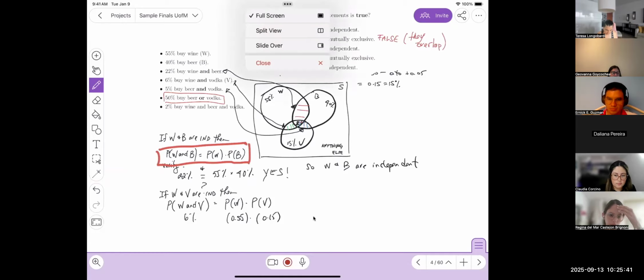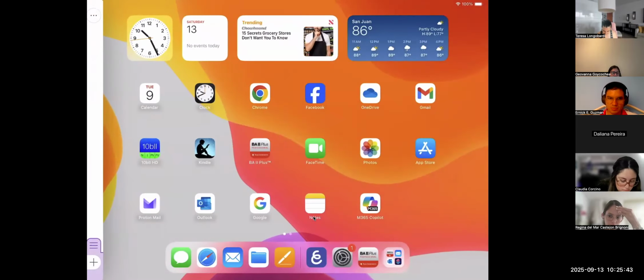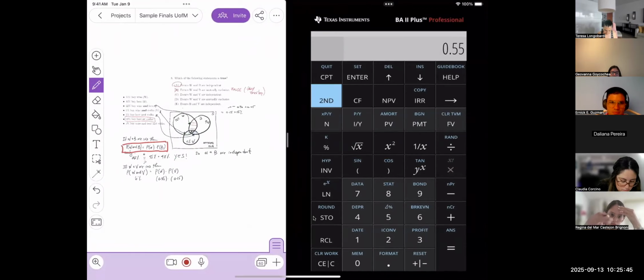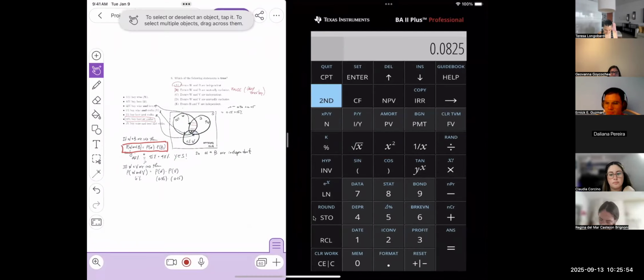So 0.55 times 0.15 is 8%. So it's false. Good.